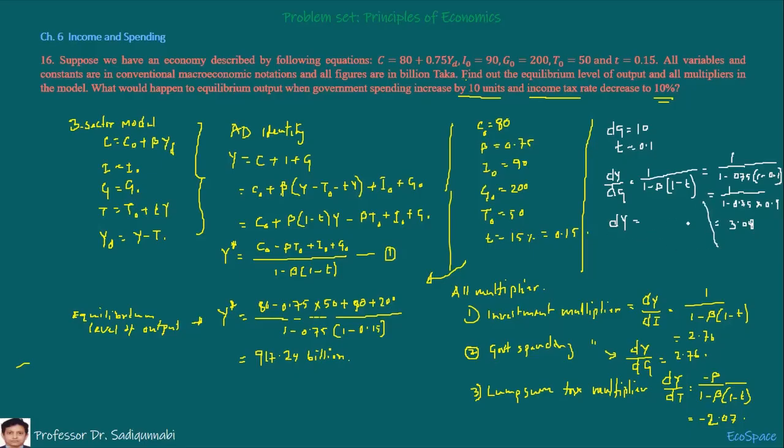So we can calculate our dy here. dy is 3.08 times 10, which is equal to 30.8.